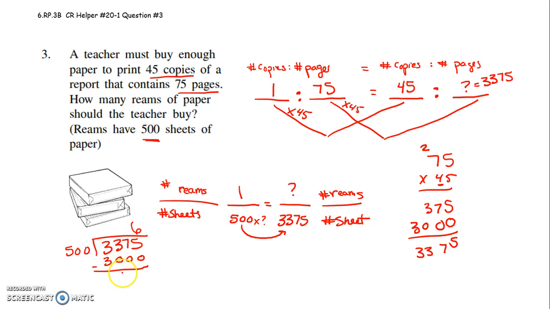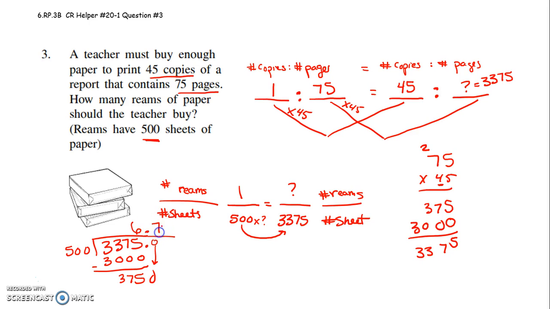Subtract off, and I would still need 375 more pages. So I drag down a 0 there. So it's going to be 6 point some reams. So I would guess we're going to round it up to 7 reams. So how many times does 500 go into 37 and something?